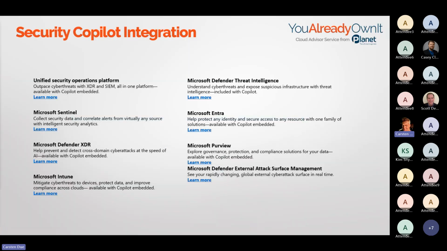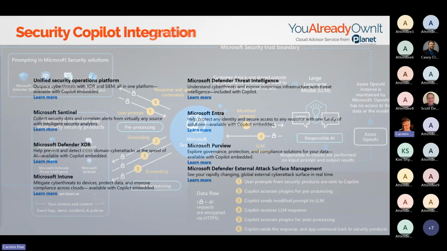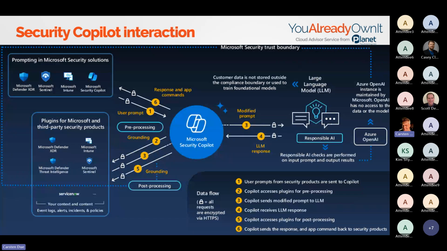And I'll show you here what happens under the hood with Copilot. So your prompting, my prompt in quotation marks, was to open an incident. It takes that and sends it to Security Copilot. And Security Copilot is going to look at that incident and say, okay, where do we need to ground?